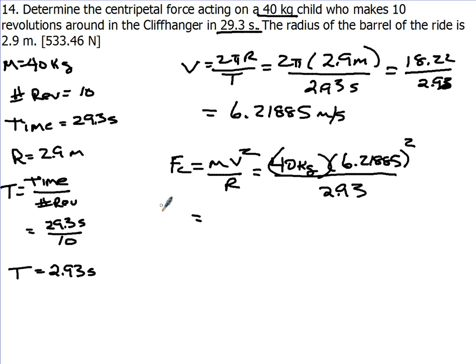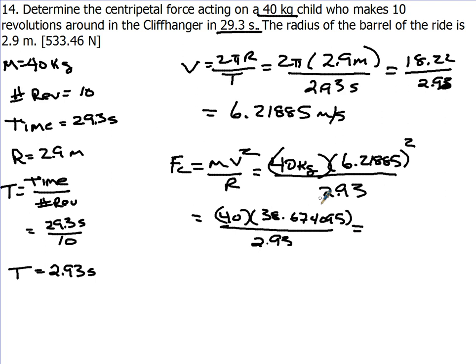Go ahead and square that, and you get 40 kilograms times 38.674095 divided by 2.93.